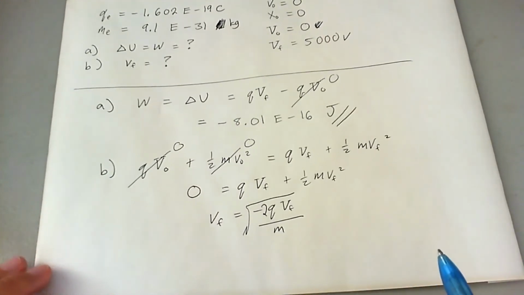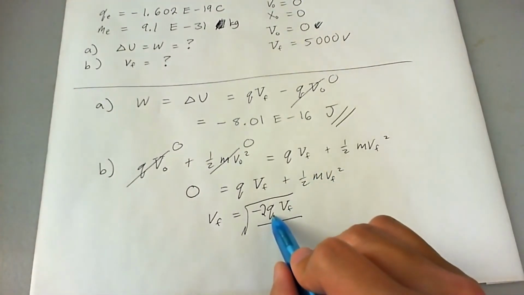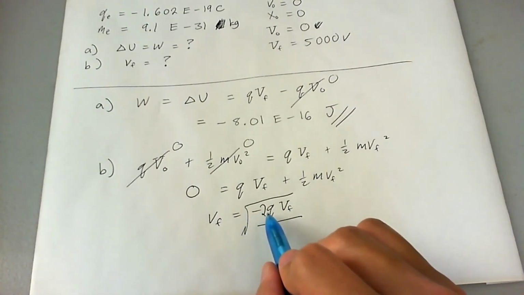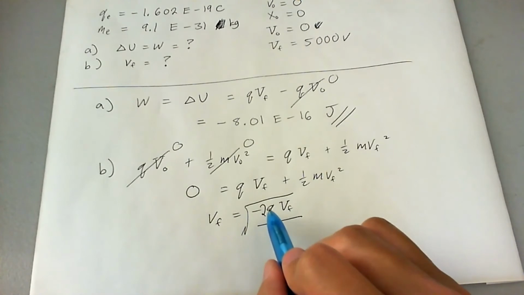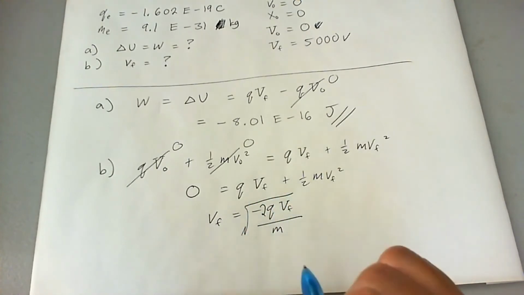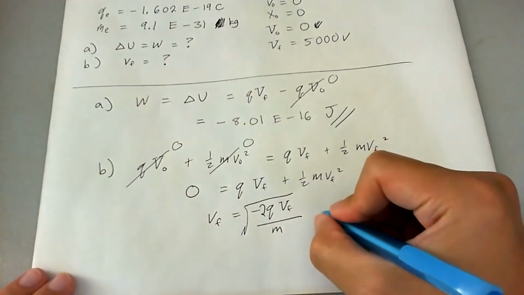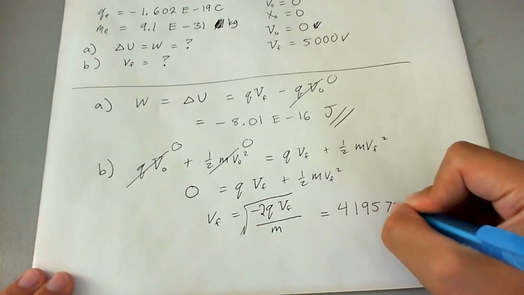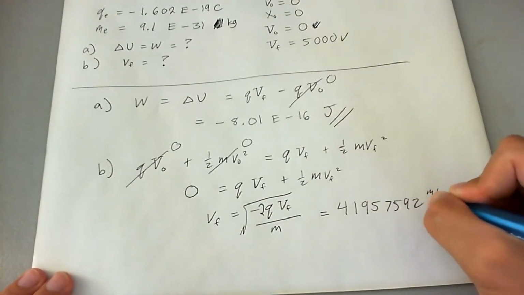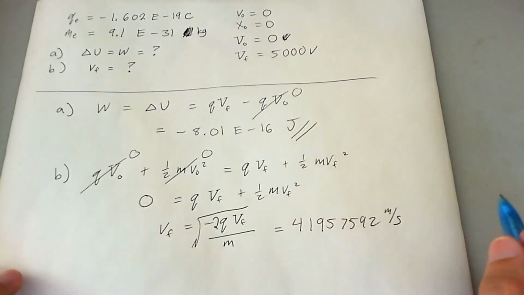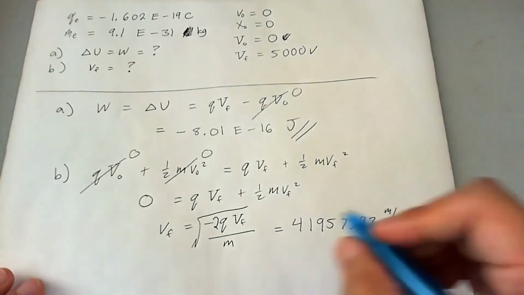Since Q is negative, this negative will go away and it'll just be 2 times 1.602 times 10 to the negative 19 coulombs. Everything else is positive, so this is not an imaginary number, it's a real number. It ends up being 4.1957592 times 10 to the 7th meters per second, a very long number. So it's going to go really fast at the end of the capacitor.